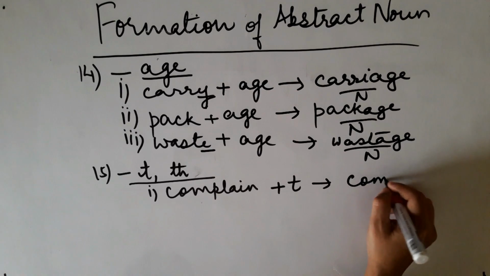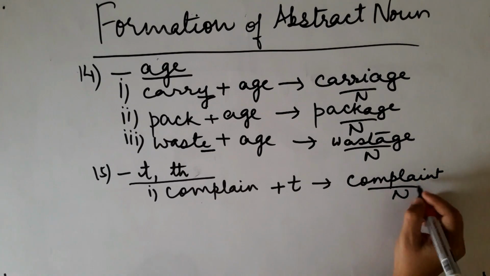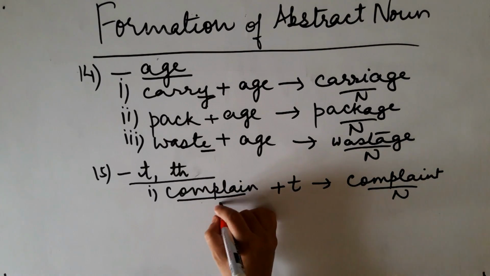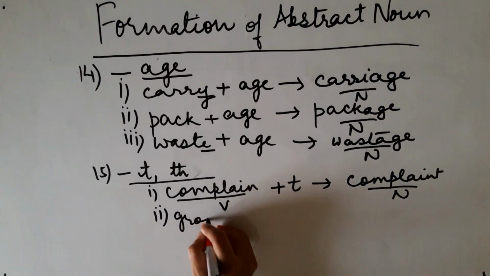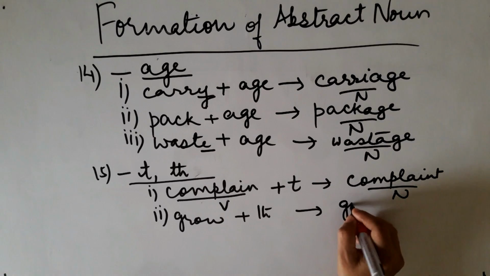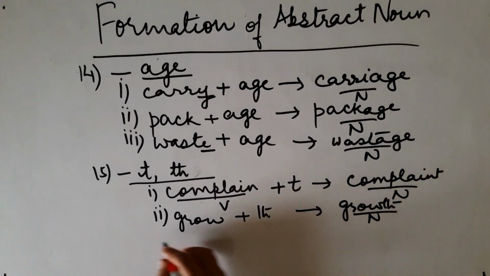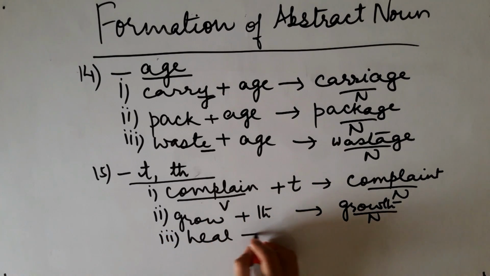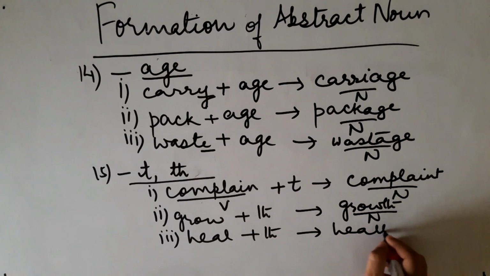It becomes complaint, which is a noun. So remember, complaint is a noun. Complain is a verb. We have words like grow. If we add th to it, it becomes the noun growth, which is a noun. We have words like heal. Again th is added and it becomes health.